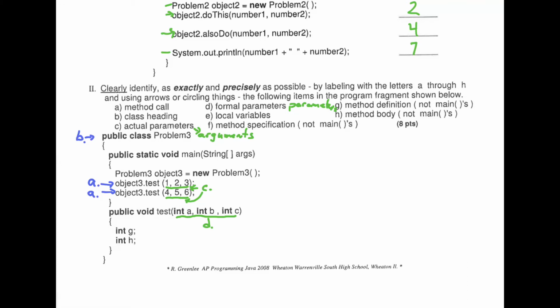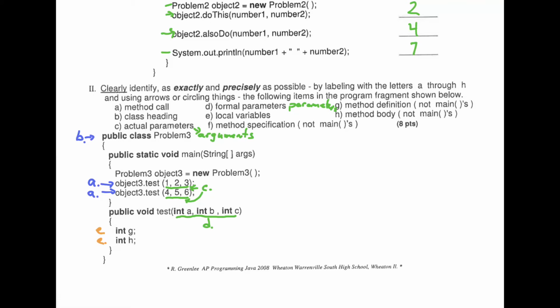All right, E is talking about local variables. Local variables are variables that are used just in a small piece of code. In this case, they're going to be local to the method that they're in. So int G and int H are going to be local variables because they can only be used within test.